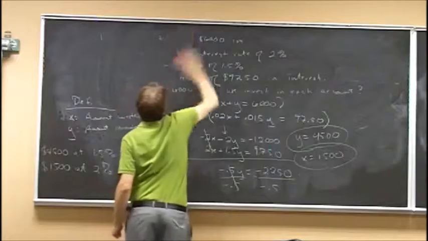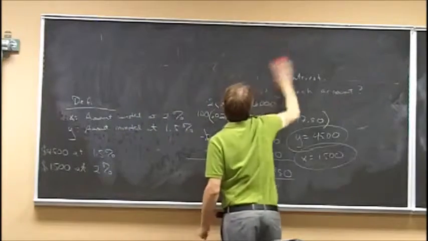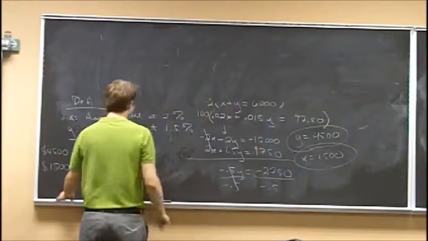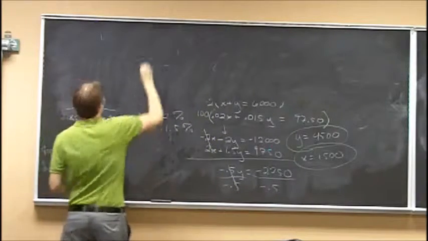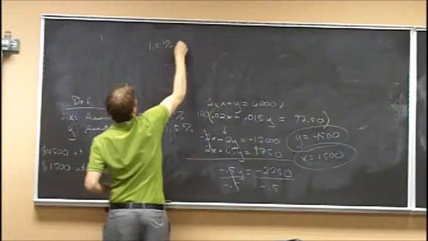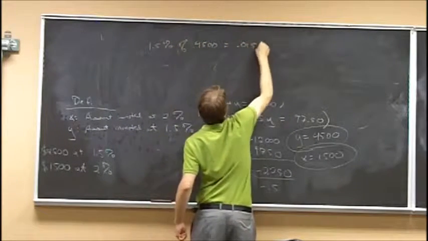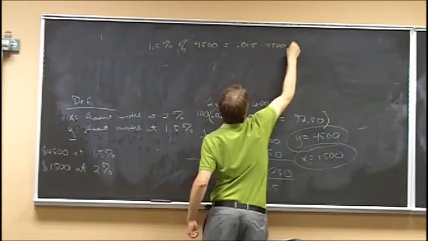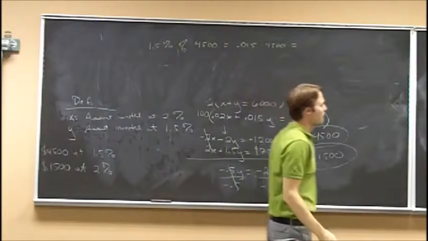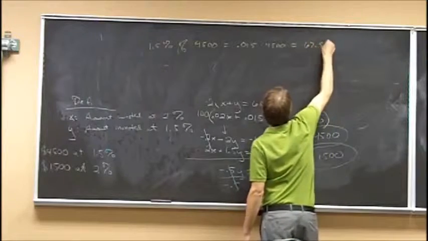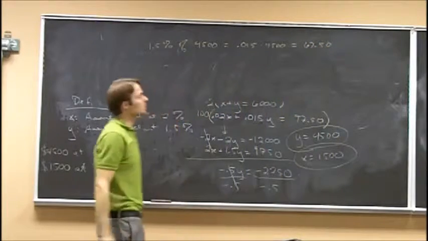So we can just see if this percentage comes out to actually equal what we want it to. Well, 1.5% of 4,500. That's just equal to 0.015 times 4,500. And that's equal to 67.5, so $67.50.